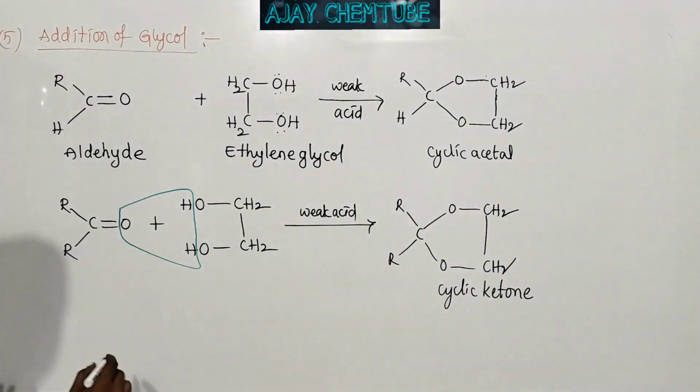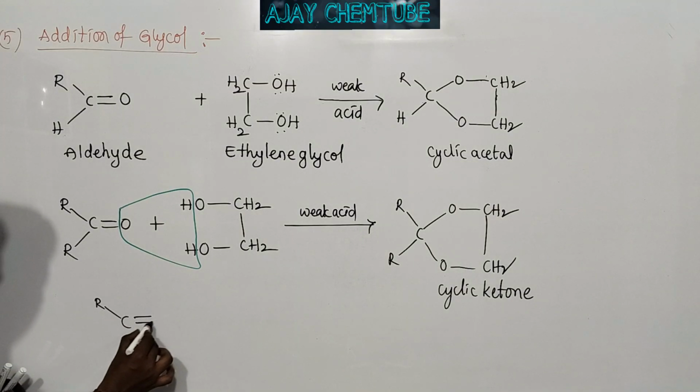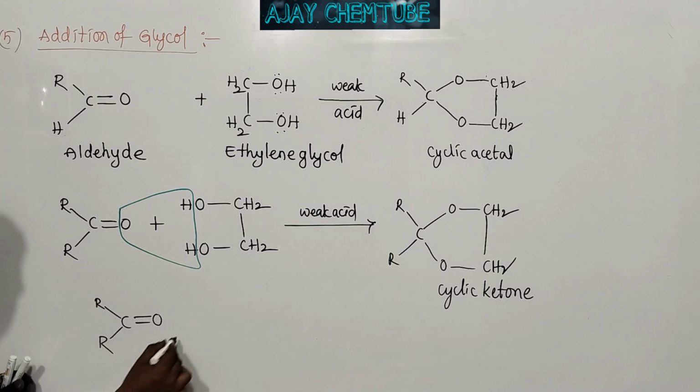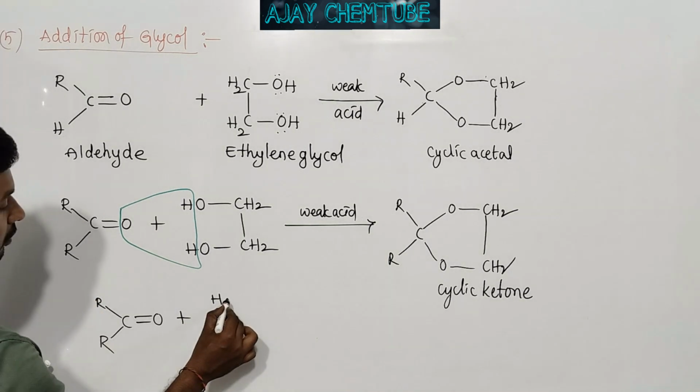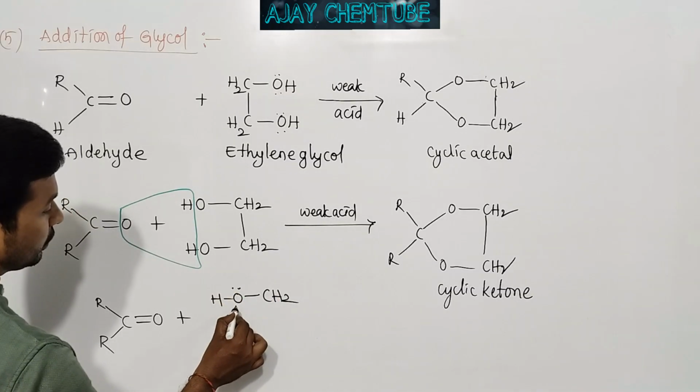So this is also a nucleophilic addition reaction. This reaction takes place like this. Mechanism, if you see the mechanism, if you take ketone and ethylene glycol, in ethylene glycol the OH group is nucleophilic in nature.